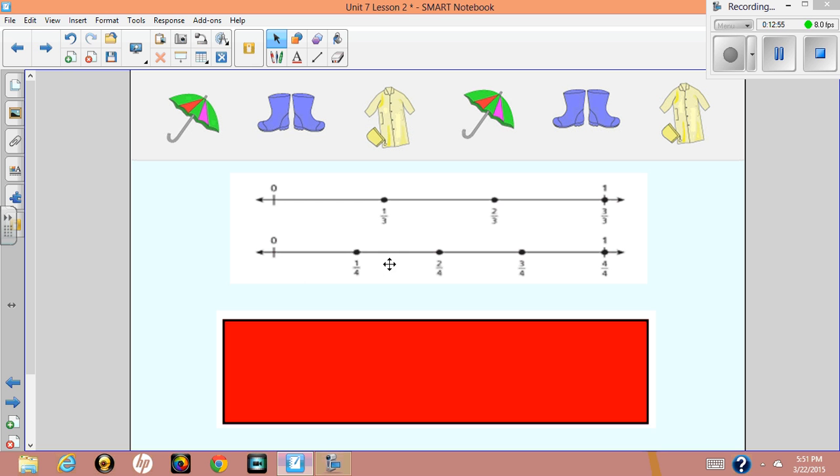Here we have a representation of 1/3, 2/3, and 3/3, and 1/4, and 2/4, and 3/4, and 4/4. Do you see how much larger a third is than a fourth? Because it is divided into larger or more parts.